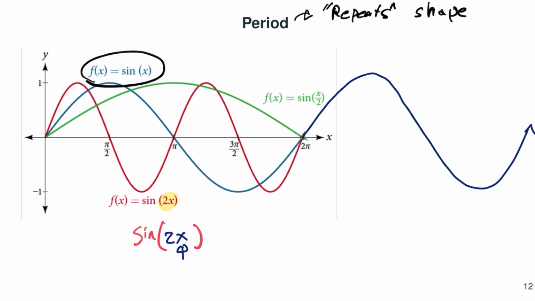For the green graph, the period starts from here and goes like this, 4 pi. The period will be 4 pi, and repeats in this direction, of course. And the way we find the period is 2 pi over b. And what is b? B is the number multiplied in front of the x.